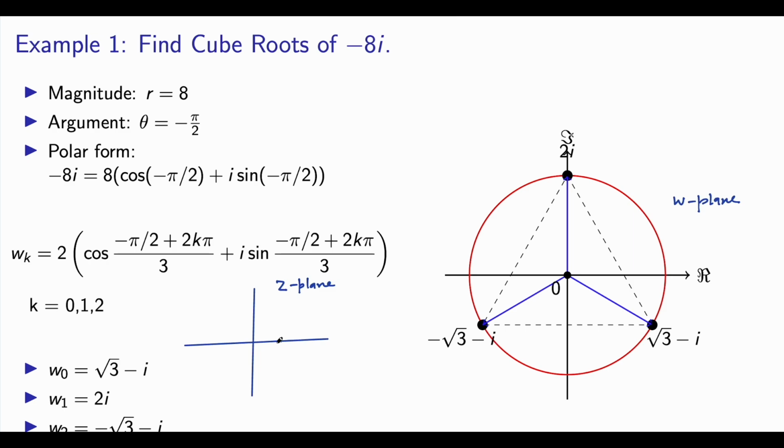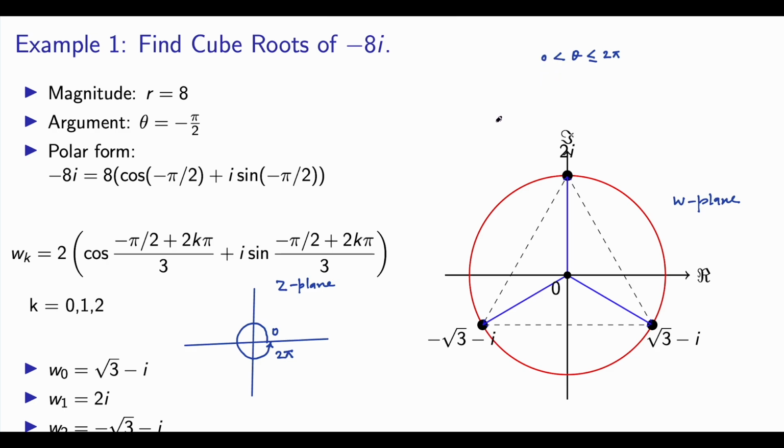So what happens here is, if I rotate through 0 to 2 pi, then theta lies between 0 and 2 pi.